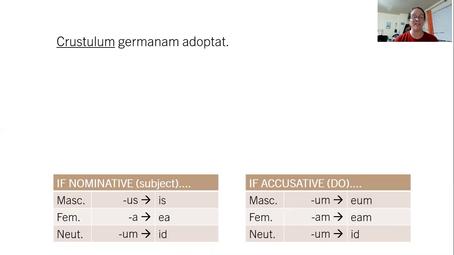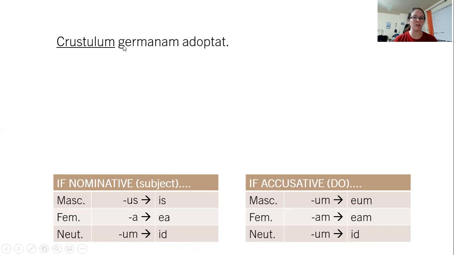You need to eventually know more neuter nouns, but currently in this unit, the only neuter noun that I expect you to recognize is crustulum. So if you see crustulum as the underlined word, you already know it's the only neuter noun, so it has to be id.